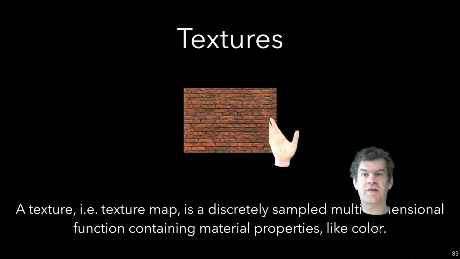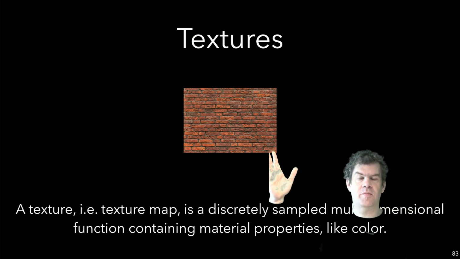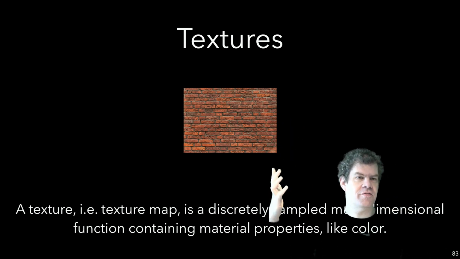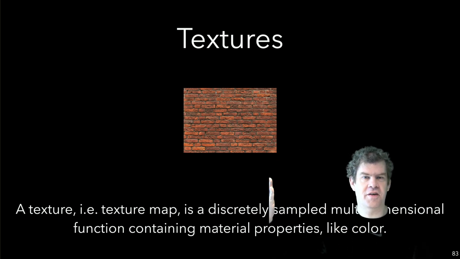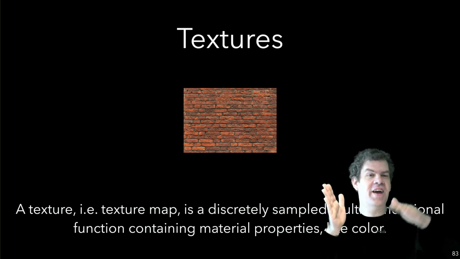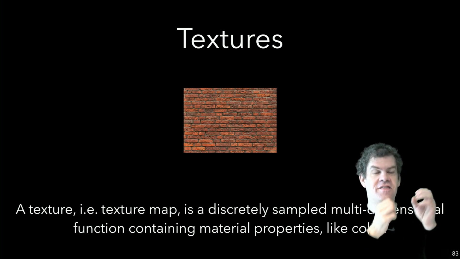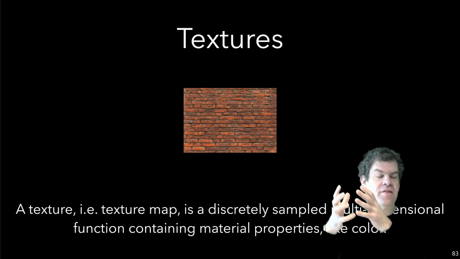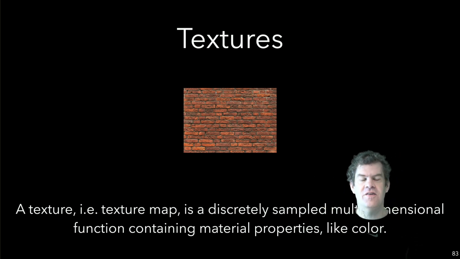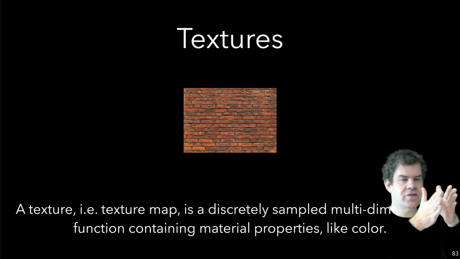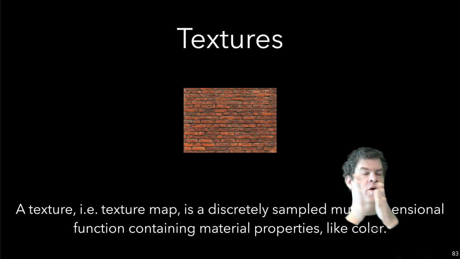If this is my texture, a discretely sampled multidimensional function, or in other words a picture, it's just a thing that stores the color for x and y. That's a discretely sampled multidimensional function. In 2D we can literally call this a picture. It sounds more complicated than it is. I apply this two-dimensional function to my x and y coordinates.